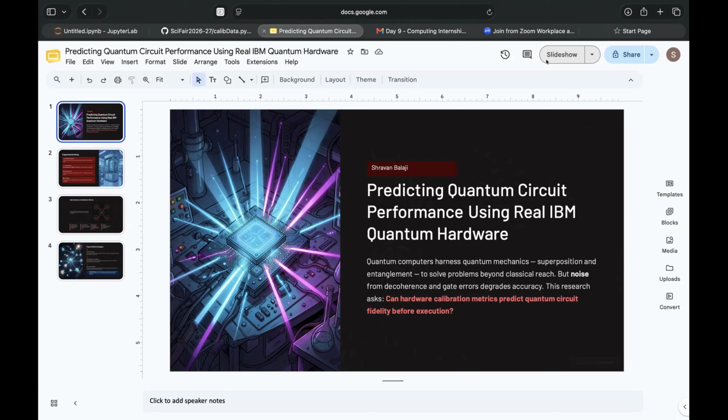I also calculated Bell state fidelity, which measures how close the experimental results are to the ideal Bell state outcome, so how different the actual quantum computer is from the expected results. These measurements were then combined into a data set for analysis.